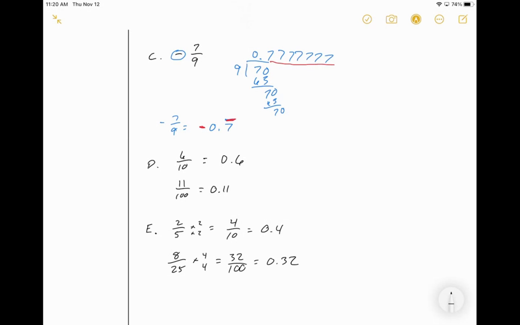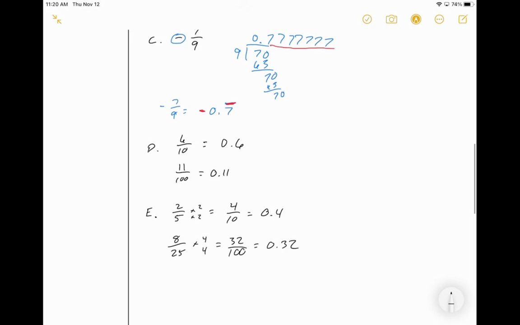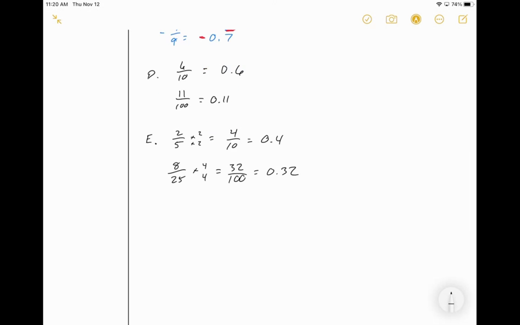Okay, last thing, real quick. So that's fraction to decimal. Let's change decimal to fraction. Okay. Decimals to fractions. This one's actually a little bit easier. Check it out. Let's say I had 8 out of 10. Oh, sorry. That's the fraction.